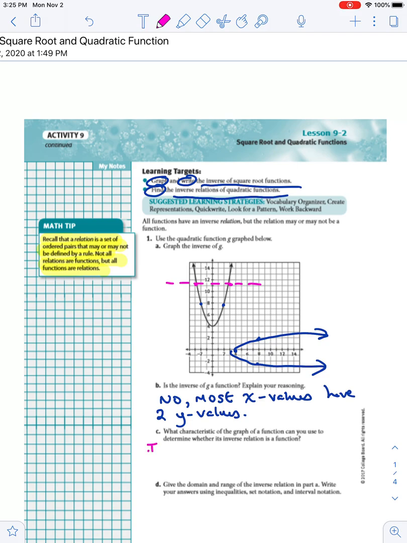So if the original function has two x values for at least one y value, like we see in the original function, then its inverse will not be a function.